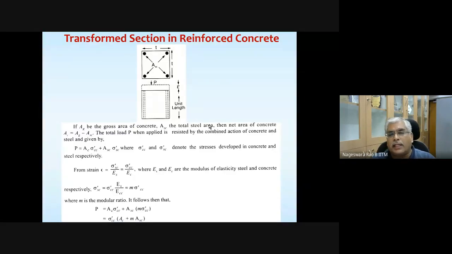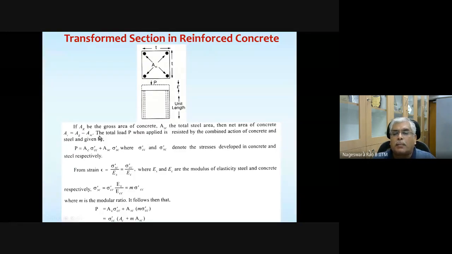AG is the gross area, which is T by T here. And if you know the diameter of the steel bars, you can easily find the total area of steel, ASC. What is the net area of concrete? Net area means the actual area of concrete, which is the total area AG minus ASC. You make a note of it.